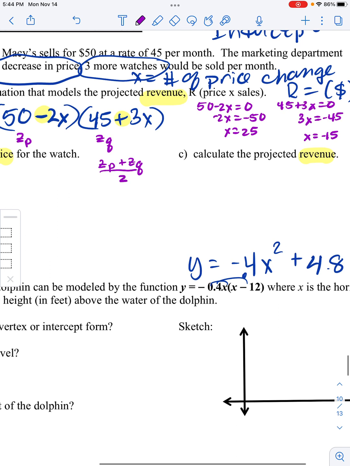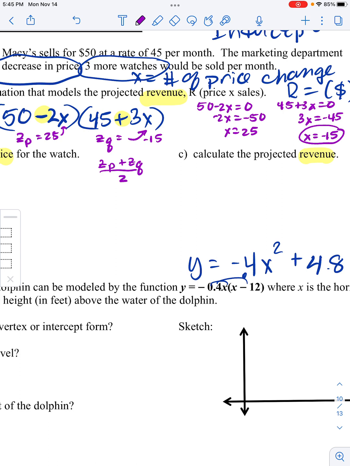So that tells me that the 0 for the first part would be 25. You'd have to put a 25 in there for 50 minus 2 times 25 to be 0. The 0 for this part is apparently a -15, because 3 times -15 is -45. So when you add that to 45, you get 0.